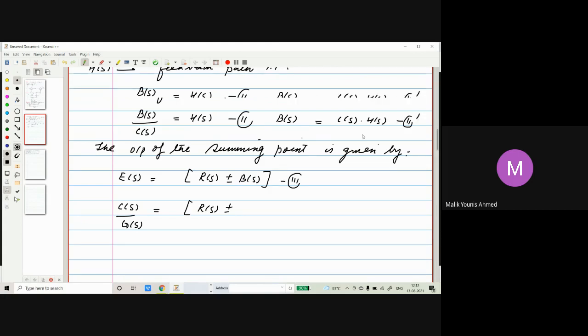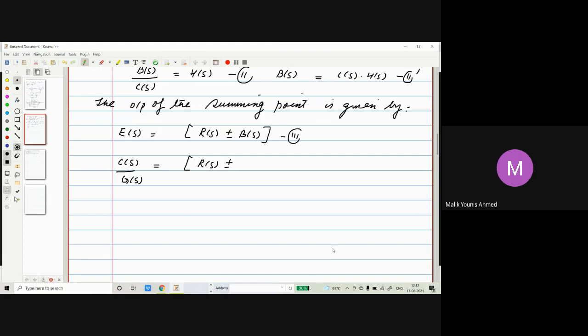So from 2 dash we can get B of S also, that will be C of S into H of S. So let's call it equation number 4.